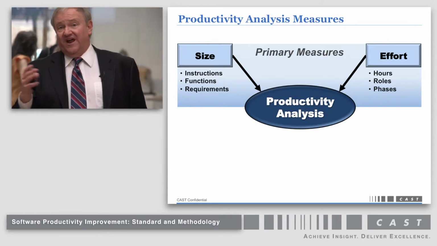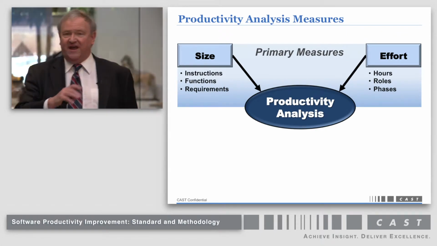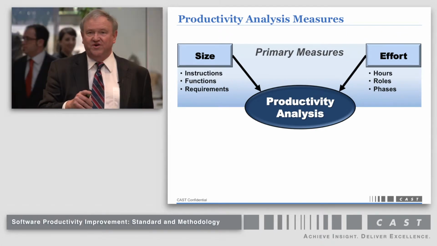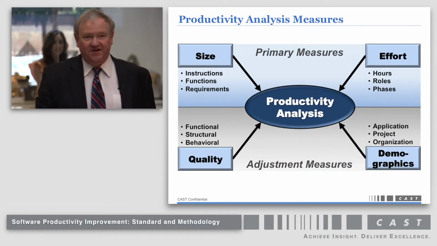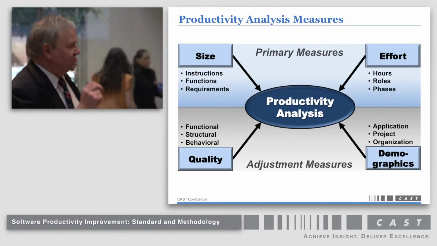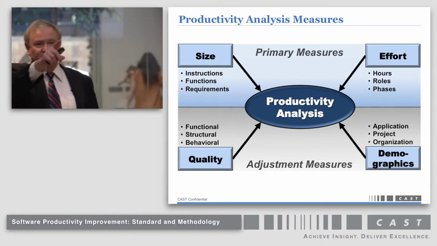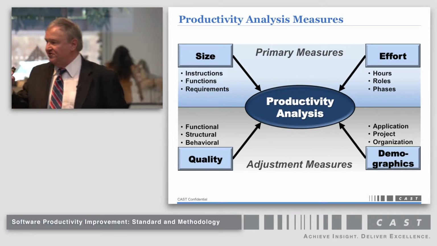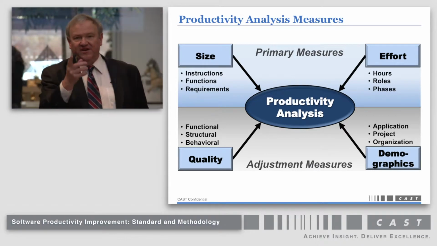For effort, we've got hours, but there's a lot of data we need in order to understand the hours and be able to benchmark. We need to know what roles are included and what phases are included. But there's two other kinds of things we need. We need to be able to adjust the productivity figures in order to understand what real productivity is. We need a measure of quality, which could be functional quality or structural quality or some other aspect, and we need demographics.